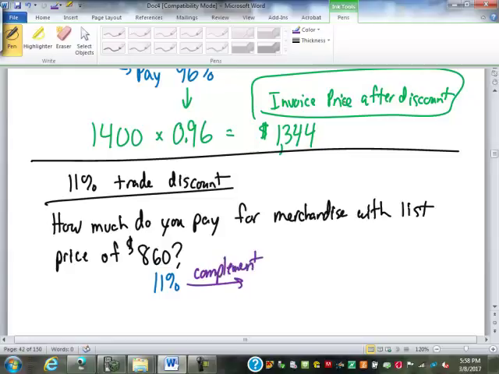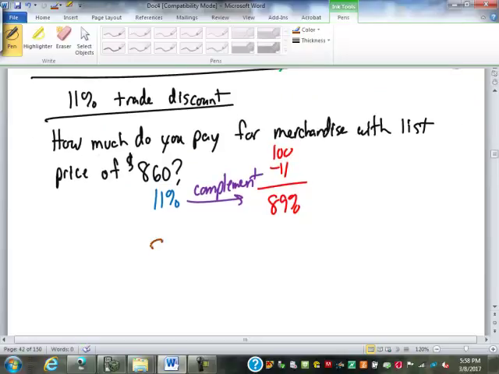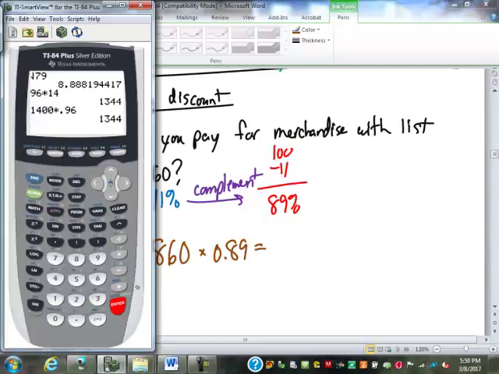You got it. 100 minus 11 gives us 89%. So all we have to do is take that list price, $860, multiply by 0.89, which is the 89% as a rate. $765.40.